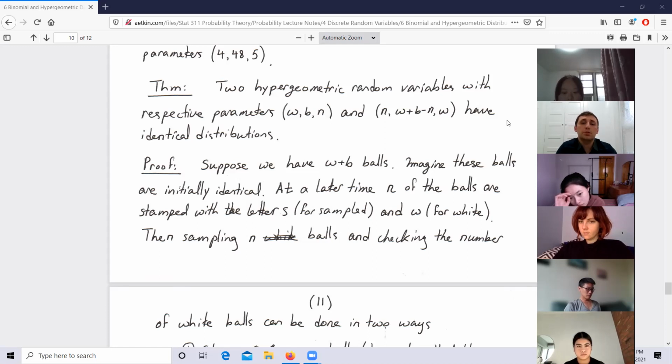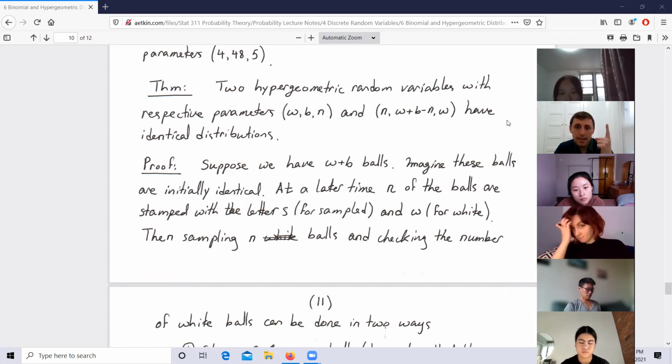One stamp will be sampled. In other words, you picked it up. That's one tag. And another tag that you can place is white or not white. Yes? Two tags. Picked, sampled, white, or not white.